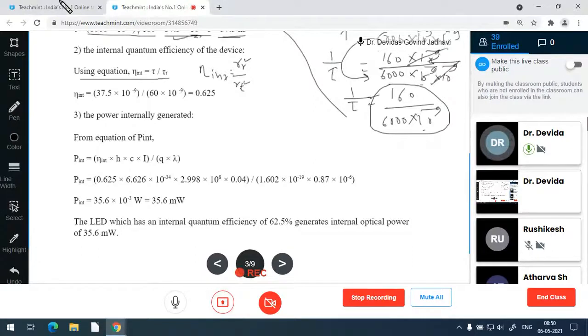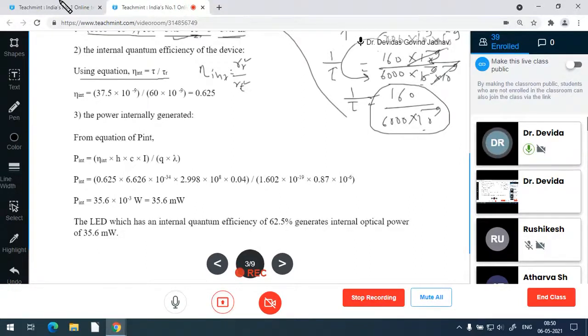But if you consider time, it becomes opposite, total divided by radiative. Please remember this difference. Time equations are always reciprocal of frequency equations. So eta internal is the ratio of radiative rate to the total rate of recombination, and therefore also the ratio of total lifetime of the carrier to the radiative carrier lifetime.